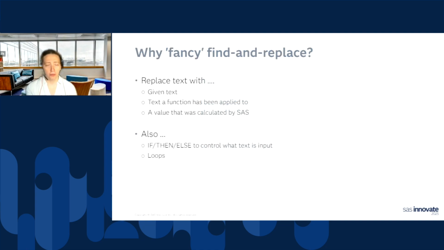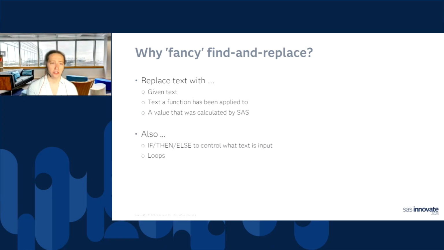When we find something, we can replace it with text that we've given to the computer, or text that a function has been applied to. We could also have it replaced with a value that was calculated and stored by SAS.